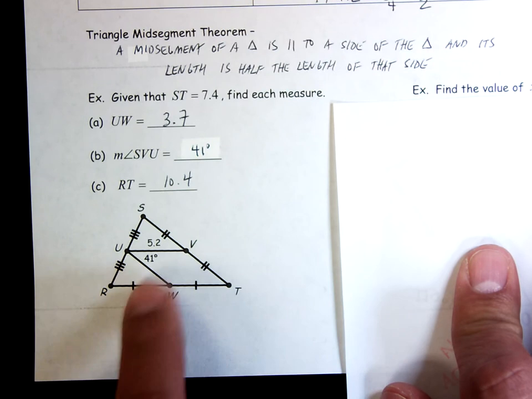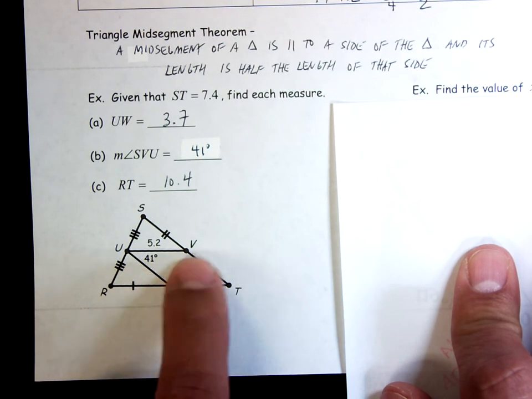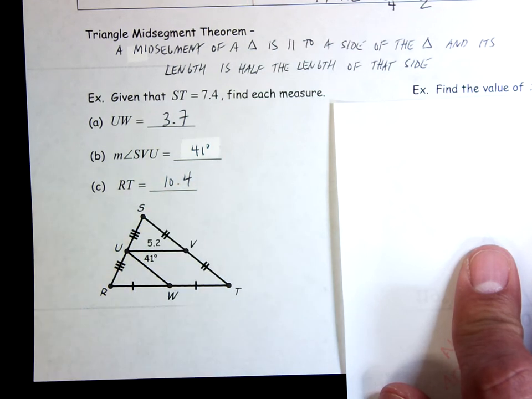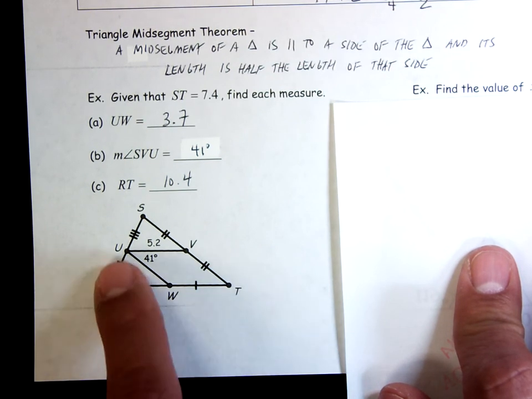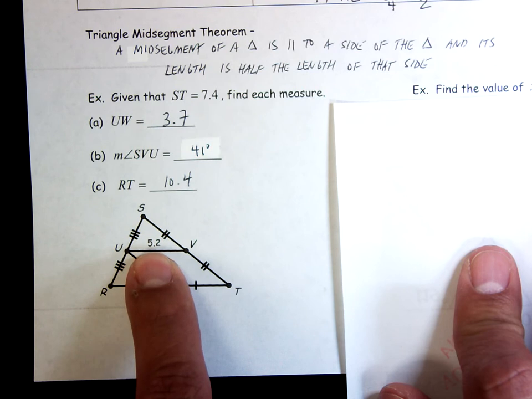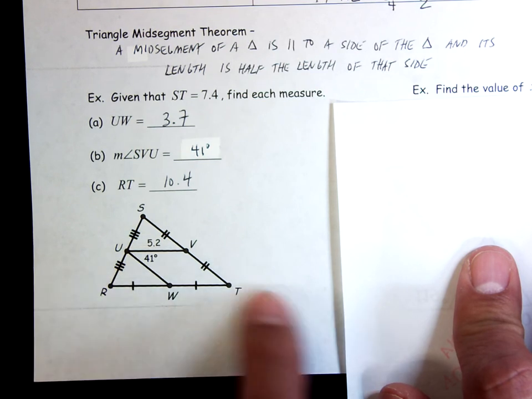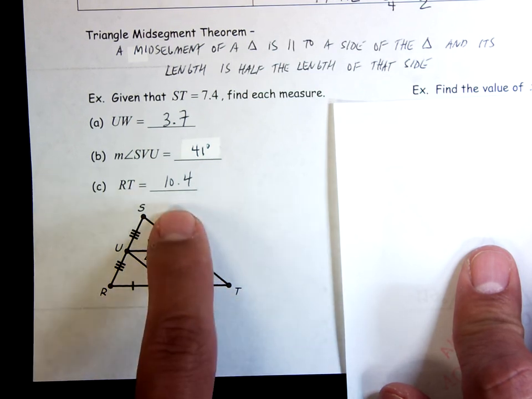Well, this is 41. These are same side interiors, so that's got to be 139. These make a linear pair, so SVU must be 41 degrees. RT, how far is it from R all the way to T? Well, I know UV is 5.2. So RT must be 2 times as big, which must be 10.4.